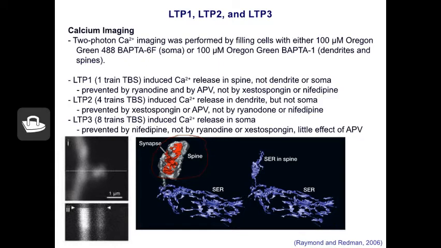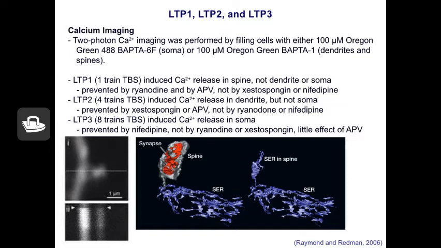Inositol triphosphate receptors are prominent in dendrites, so it may take a greater stimulation to activate them, as they're a short distance away from the site of stimulation. And we also know that we have to activate metabotropic signals. The voltage-gated calcium channels are especially prominent in the soma. So again, you should be able to see that it would take a more intense stimulation to activate these more distant mechanisms.